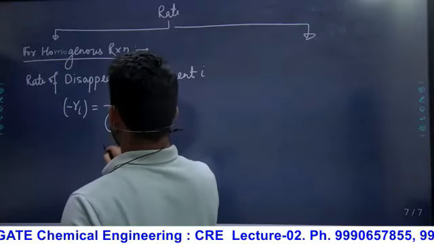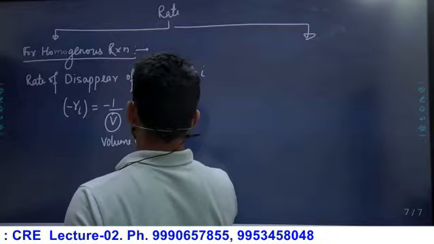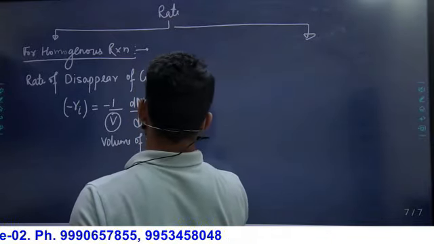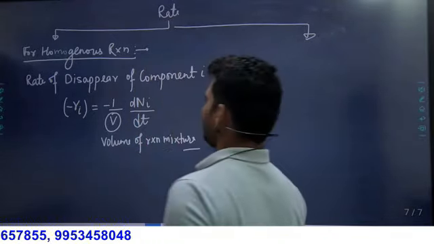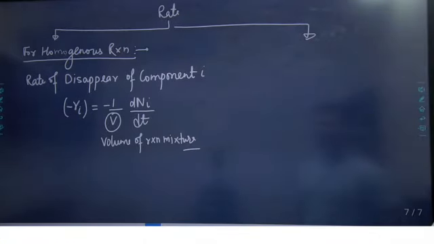Where V is what? I am telling you again and again, volume of reaction mixture. So for the homogeneous reaction, you will define the rate based on volume of reaction mixture.